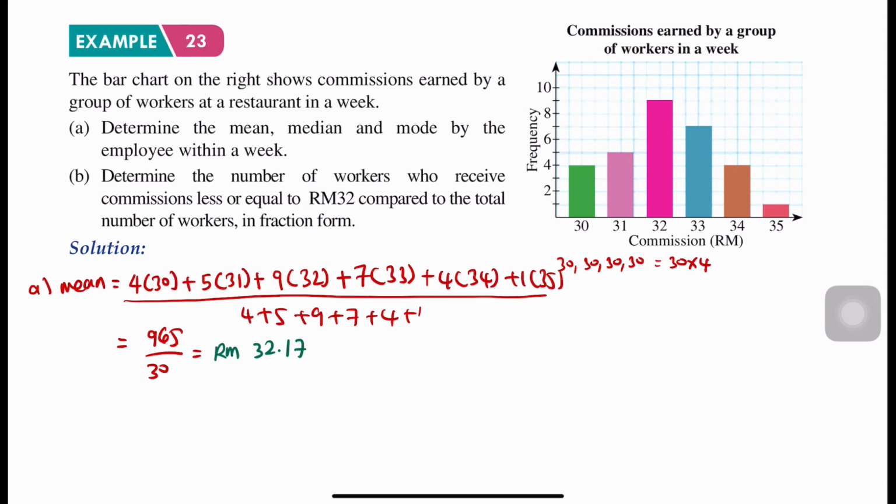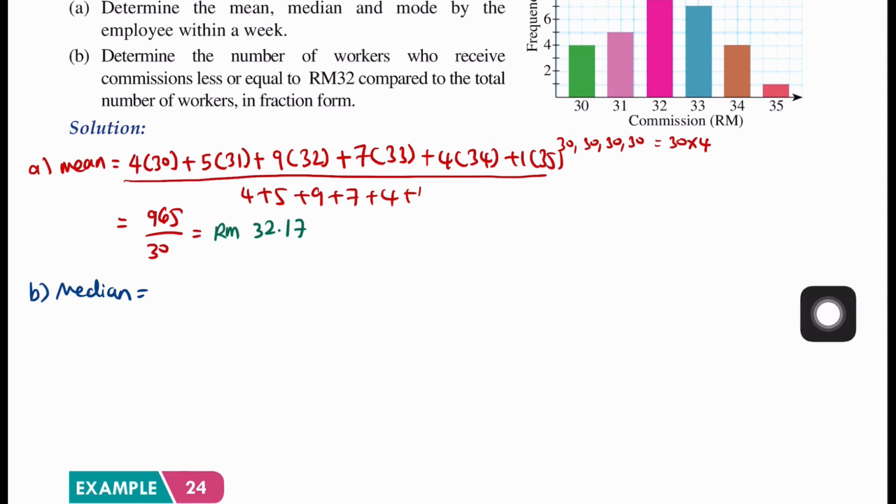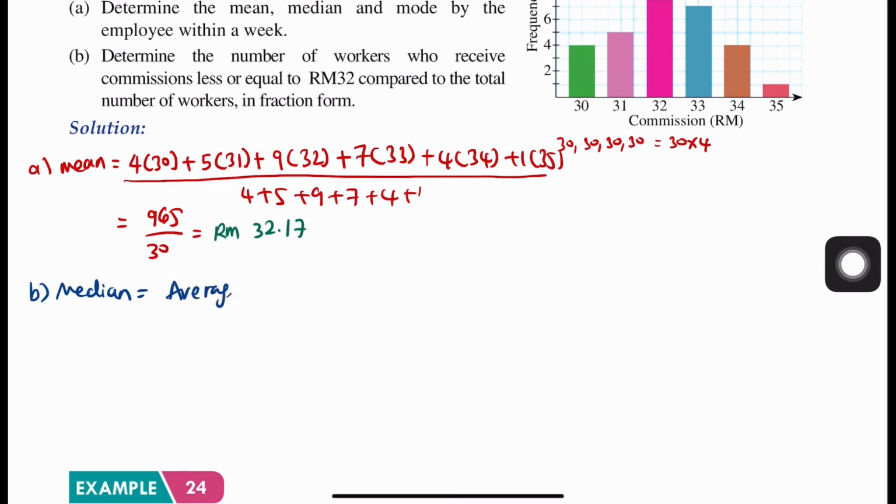Okay, so next kita kira median. Now kita tahu ini adalah even data, betul? So even kita kira macam ni lah. Average data, ingat lagi tak sebelum ni?